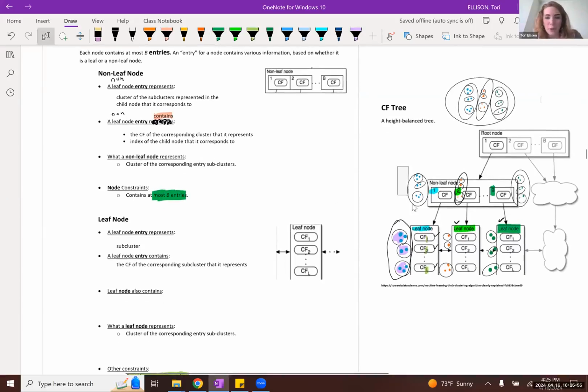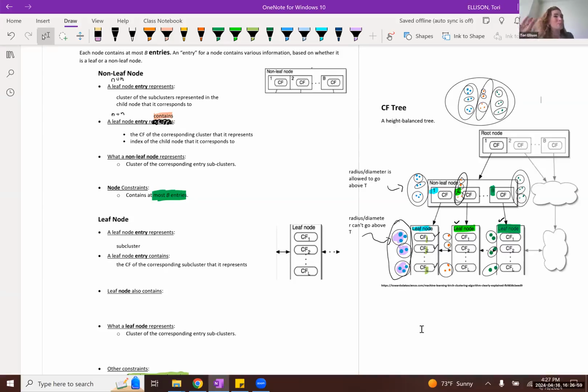One thing you do want to keep in mind is that whereas the radius or diameter of the leaf node entry subclusters can't go above T, it is okay for a particular non-leaf node's cluster to have a radius or diameter that goes above T. So it's only our smallest subclusters which are forced to have a particular cohesion level.